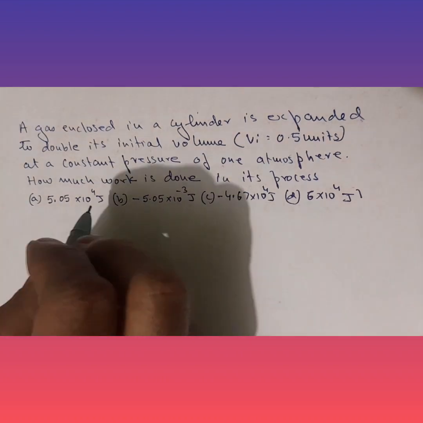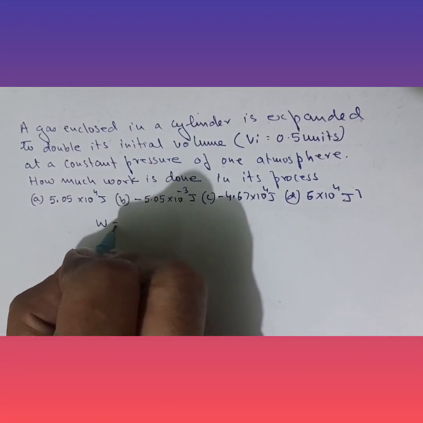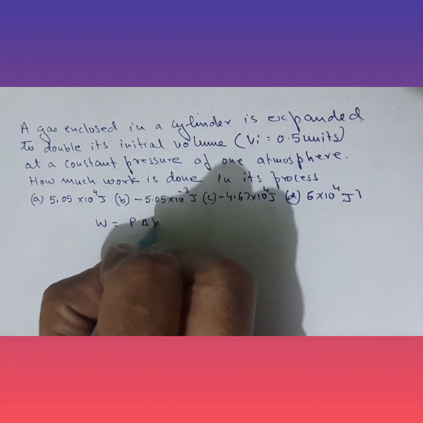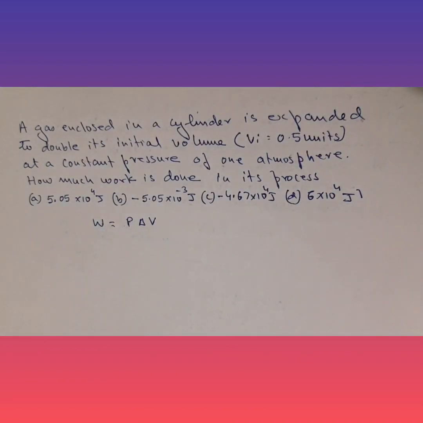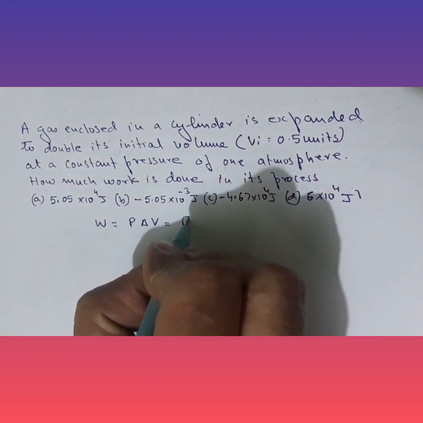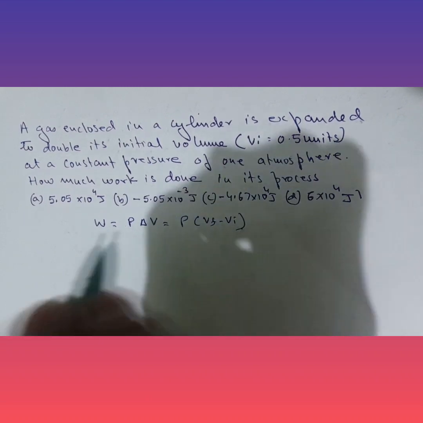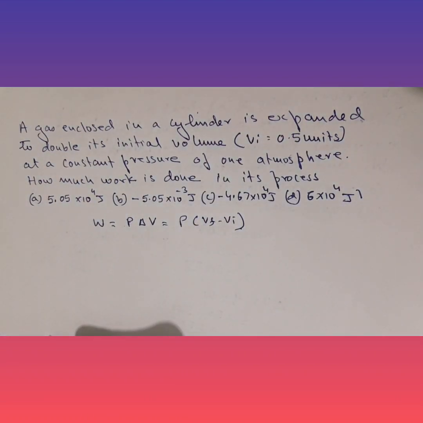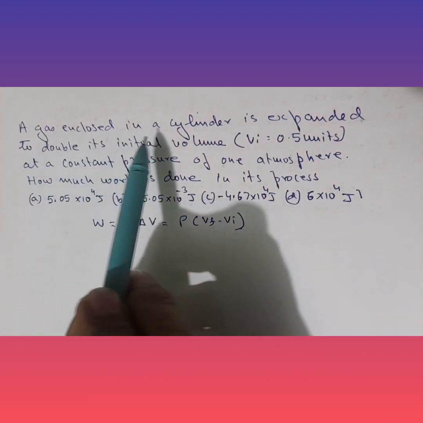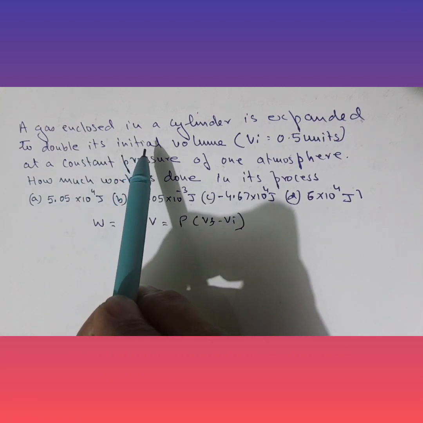First we jot down the formula, pressure volume type of work, but since it is physics, it is positive P del V. That's the change that we see here. So this is equal to P into V final minus V initial. What they have mentioned is the gas enclosed in a cylinder is expanded to double its initial volume.